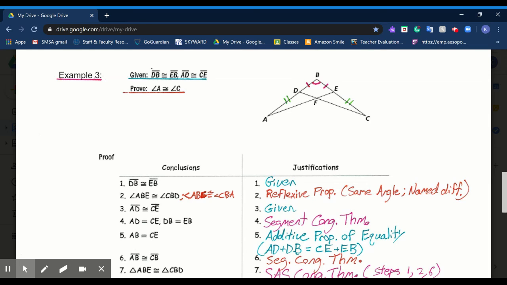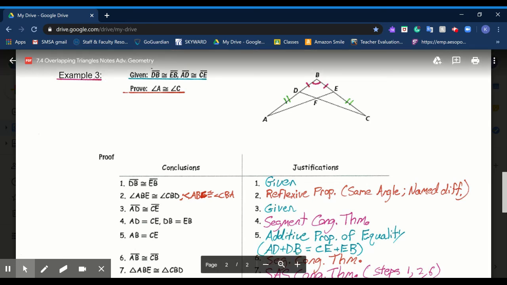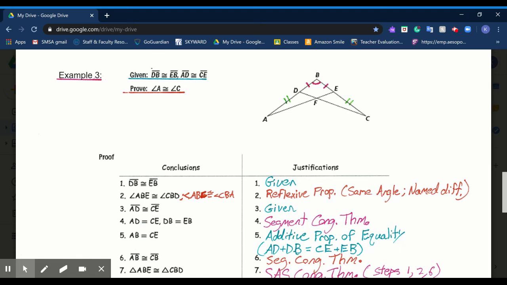The second part established angle ABE was congruent to angle CBD. That would be the same thing as saying angle ABC was congruent to angle CBA. So they just named the same angle using 3 different points. Either way, that is still the reflexive property.